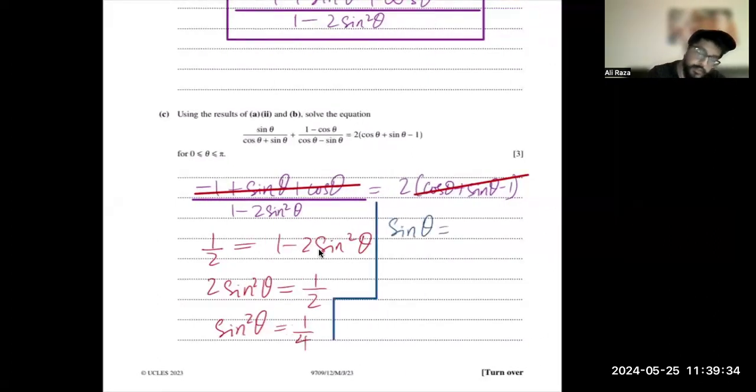Sine theta is equal to plus minus 1 over 2. The basic angle over here would be pi over 6.